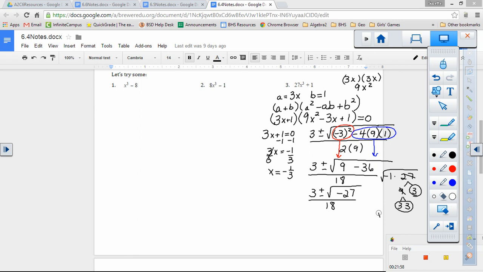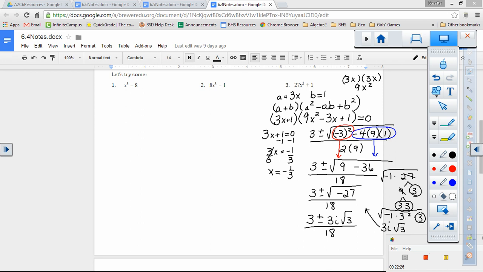So when you go to break that down, you have -1, 3 squared, and then that 3 left over. So -1 comes out as an i, 3 squared comes out as a 3, and then we have a 3 left over. So that is going to replace the square root of -27. 3 plus or minus 3i square roots of 3 all over 18.